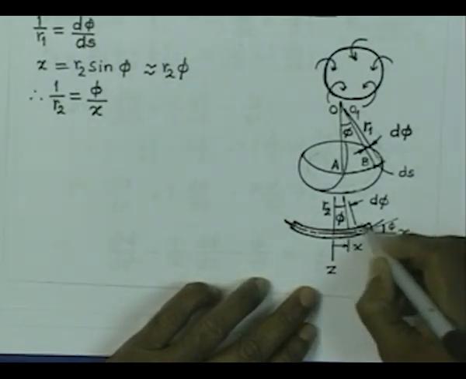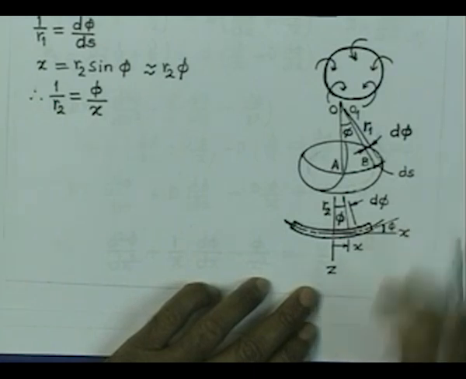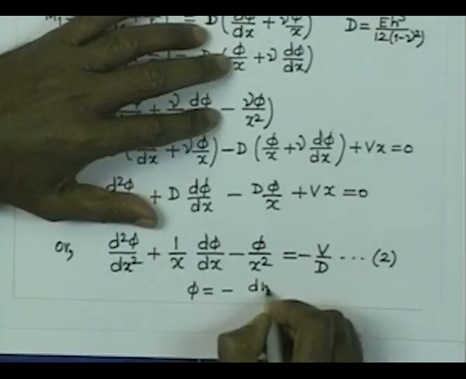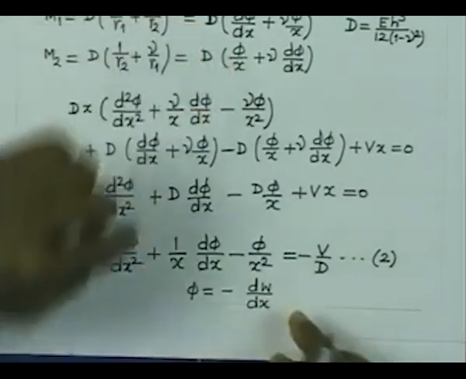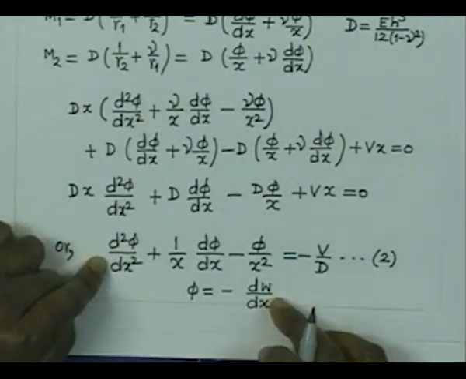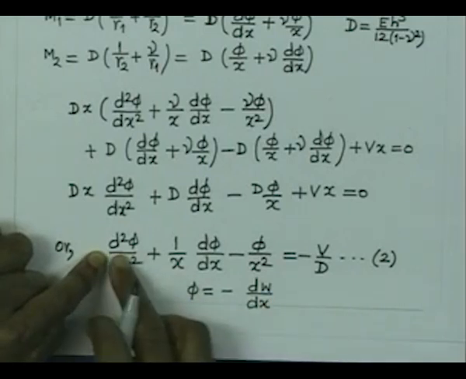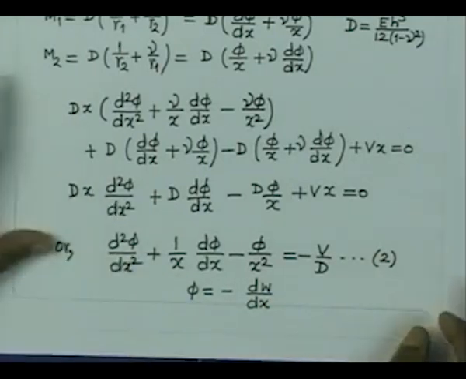So, then since phi is considered to be positive here, therefore, phi is nothing but minus dw/dx, and therefore, you see that deflection of the plate is given by this equation. So, we will consider further about this particular equation, and we will try to apply it to a few cases and see how we can calculate the deflections and also the stresses.